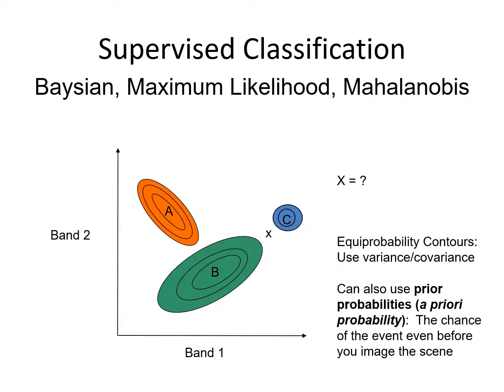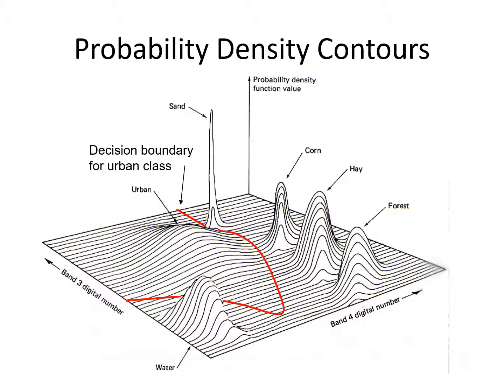The Bayesian maximum likelihood is another technique. This uses these equiprobability contours, and I think I like something like this best, for me personally. This is something called a probability density contour. So this is a 3D look at the same kind of things we're talking about.